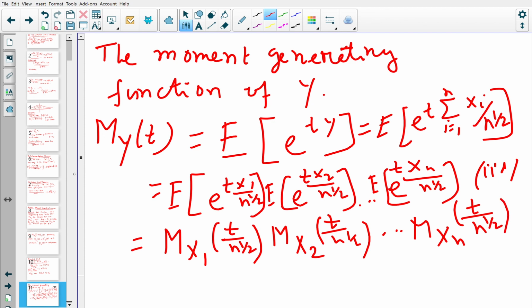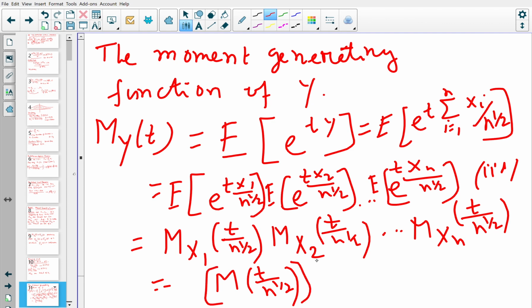But because x1, x2, xn are IIDs, their moment generating functions are the same. Let me write this as m, so I can write this as m of t over n power half. Okay, and then how many times do they appear? n many times, so this is to the power n.